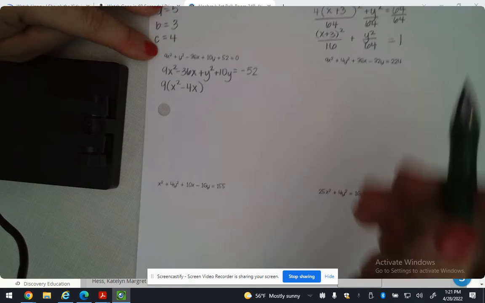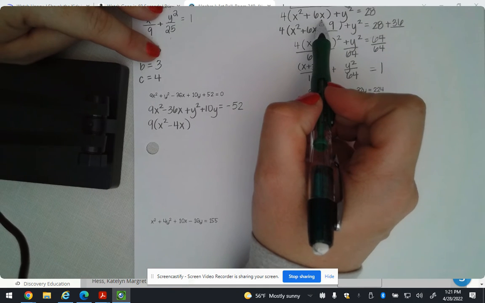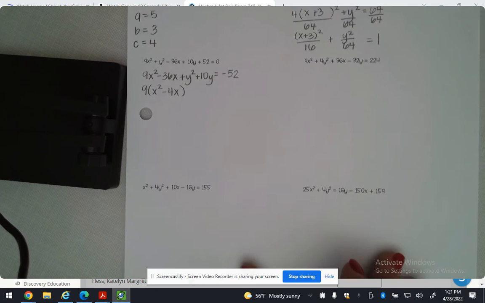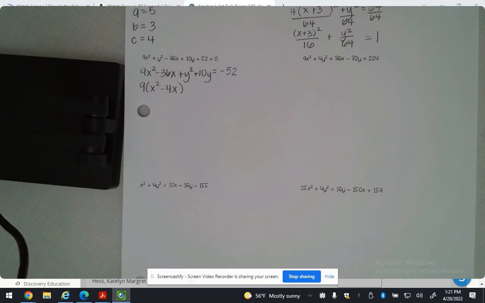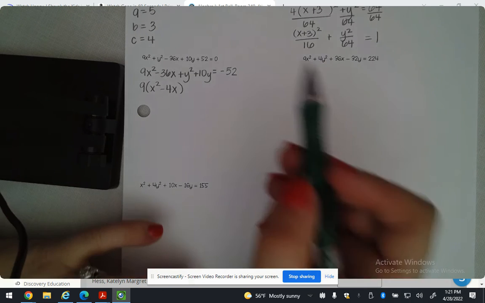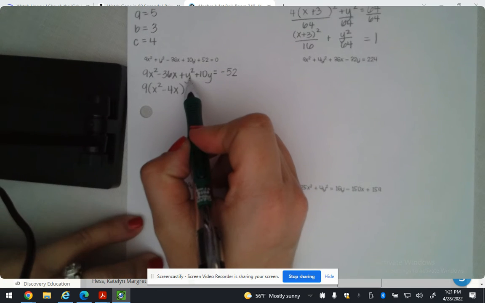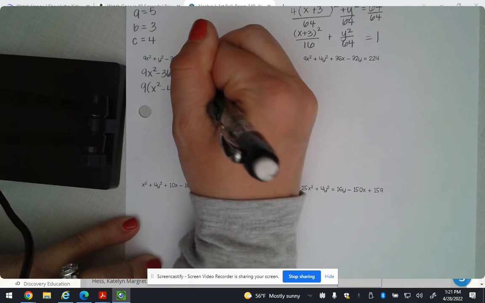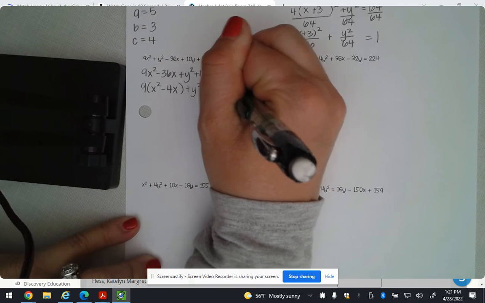No, because you need it to have x squared next to complete the square. You're not trying to find a GCF. The coefficient cannot be on the x squared. Everything else stays the same. You just cannot have a coefficient on the x squared. Does the y squared have a coefficient? No, so I'm just going to leave it as is. So plus y squared plus 10y equals negative 52.